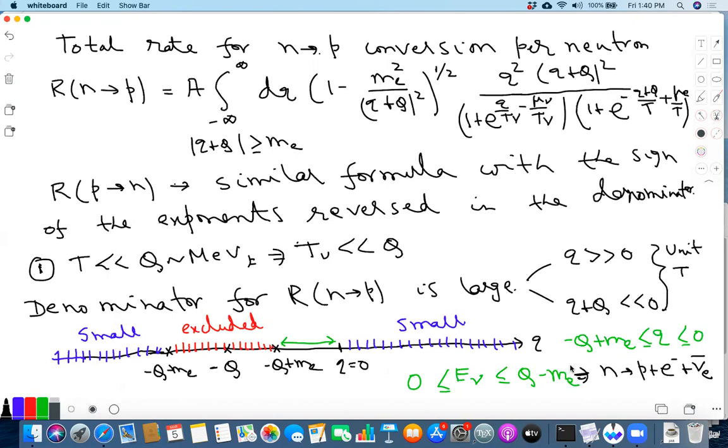Is this clear? So this is confirming that the dominant contribution to the N to P rate for low enough temperature comes from neutron decay.